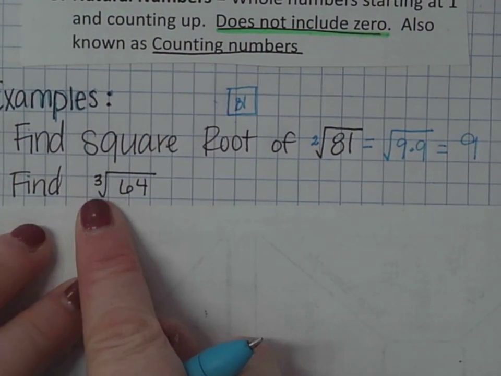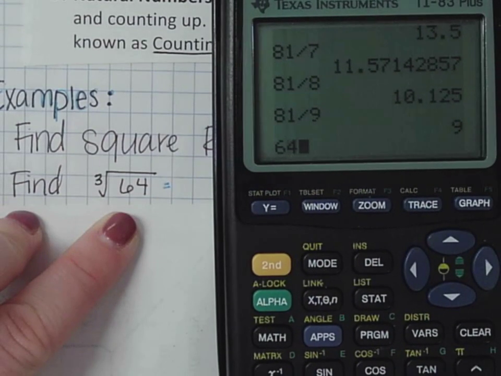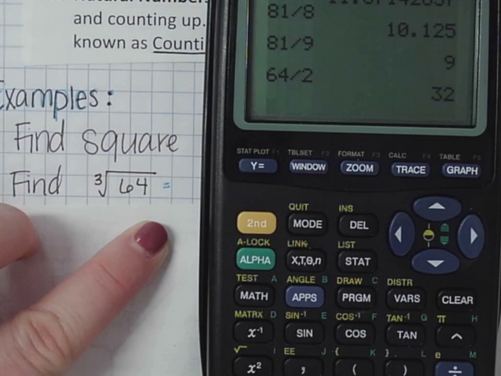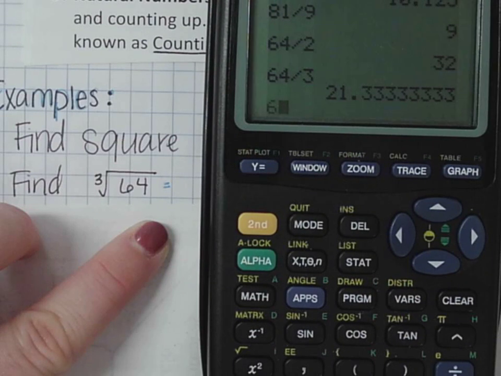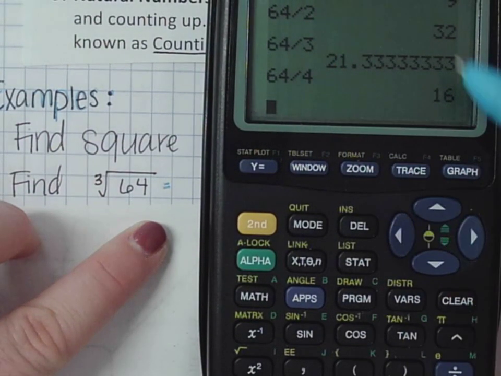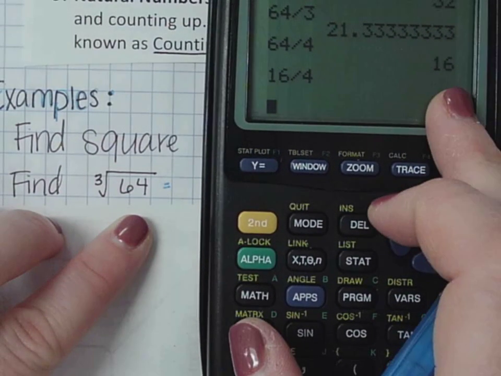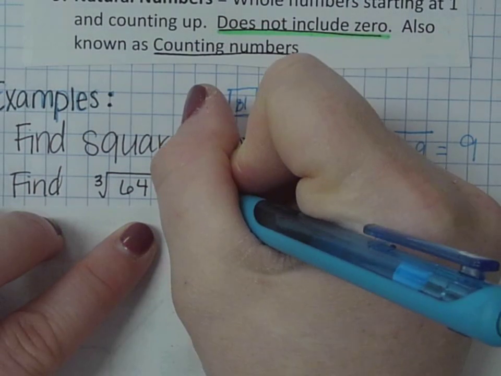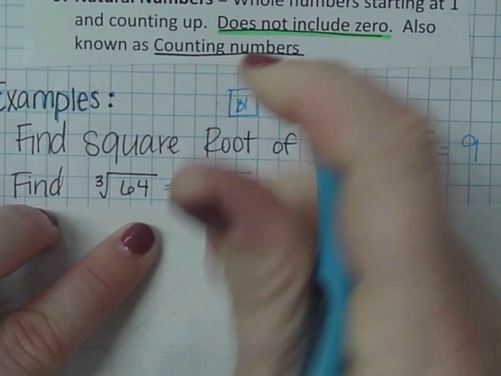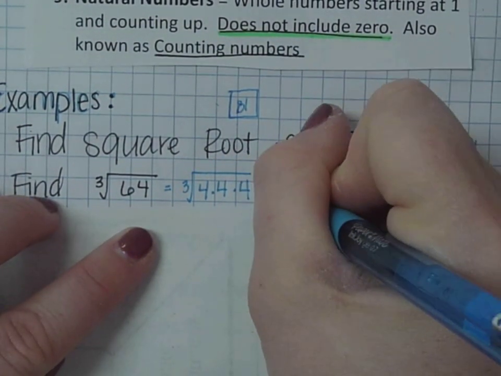Okay, find the cube root of 64. This one's a little bit different. If I took 64 and divided by 2, I would get 32. 64 divided by 3, 64 divided by 4. So now there's a 4 here, and then there's a 16 here. Well, what is 16 divided by 4? It is 4. So I could rewrite this as 4 times 4, which is 16, times 4 equals 64.